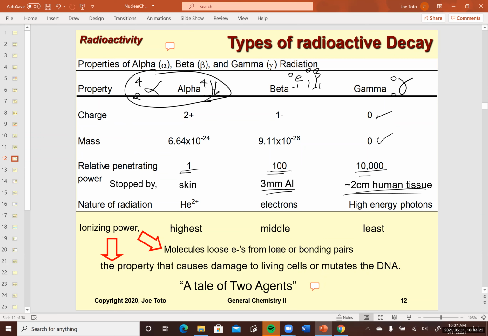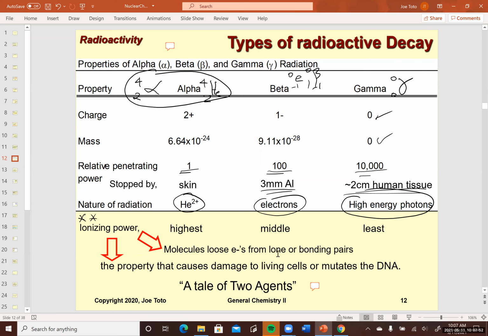And we also know this is true as well for the nature of the radiation. And the ionizing power is something that's sometimes overlooked, but is most important when you want to look at these different types of decay and connect a danger to them.